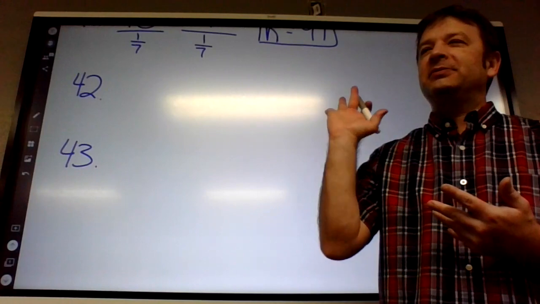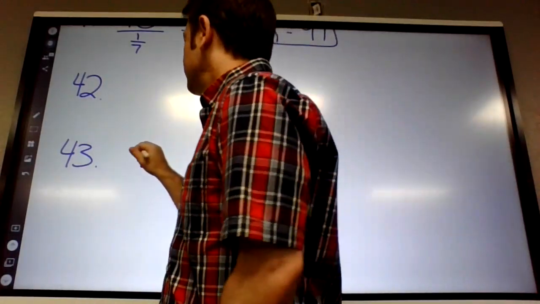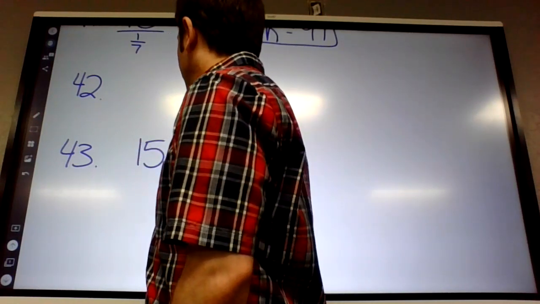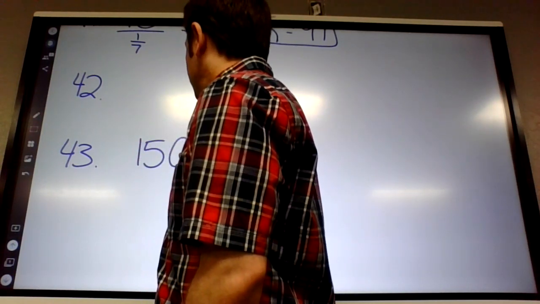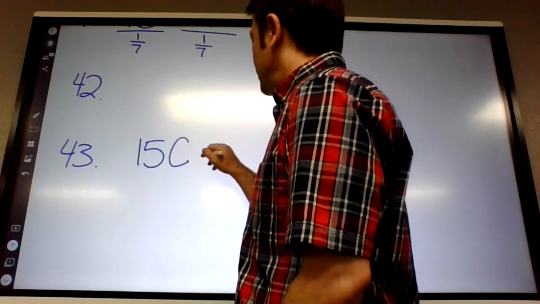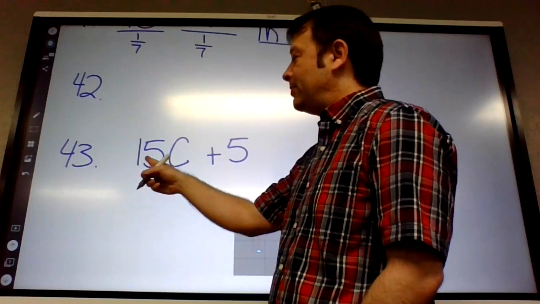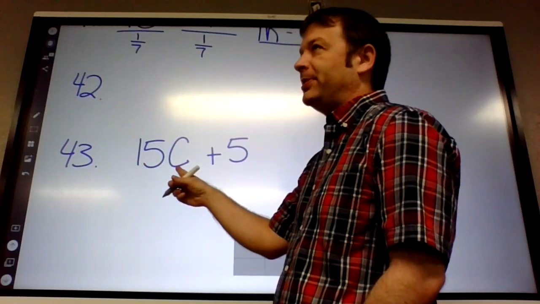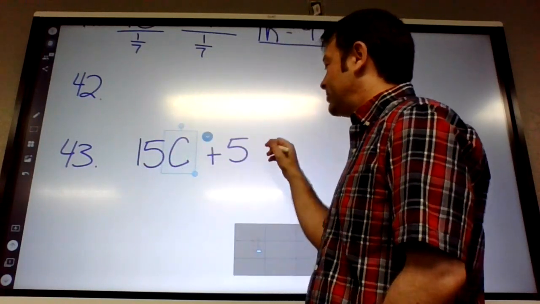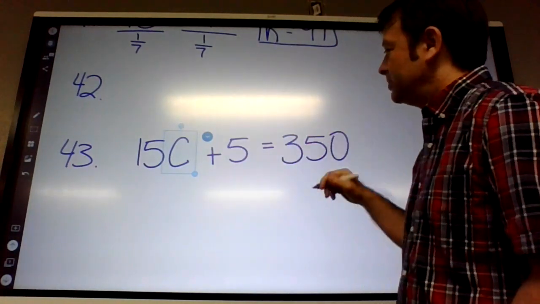Anybody think they know how to write that one? 350 equals 15x plus 5. Yeah. I'm going to call it 15C for CDs, plus $5 for shipping. Because you're going to have to pay $15 times however many CDs you buy, plus you're going to have to pay $5. And you're going to pay, in total, $350.